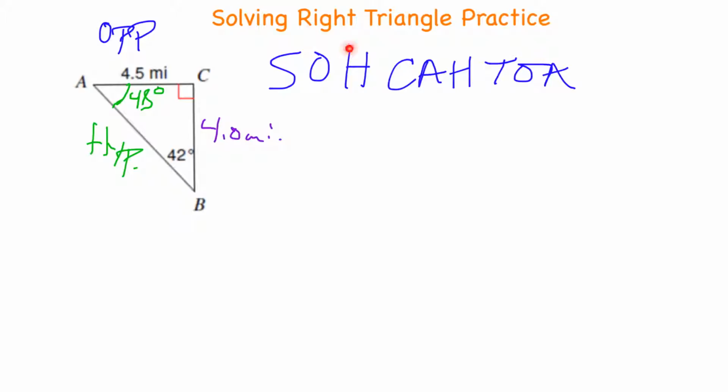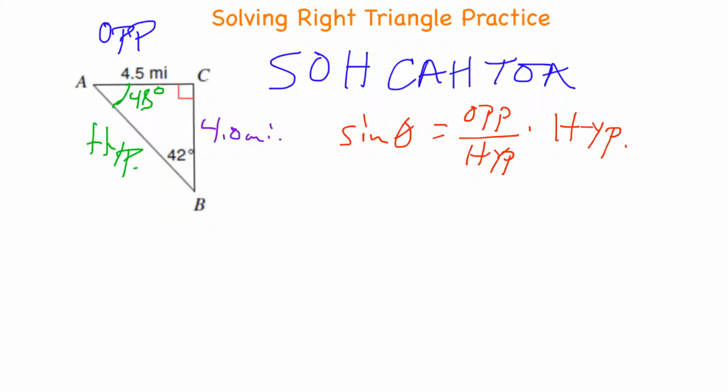Alright, so that means we're going to use the sine this time. So let's write that out. The sine of theta is equal to the opposite over the hypotenuse. The hypotenuse is the thing we're trying to figure out, so we'll multiply both sides by that. So those cancel.